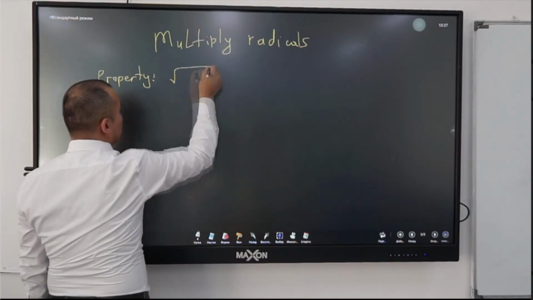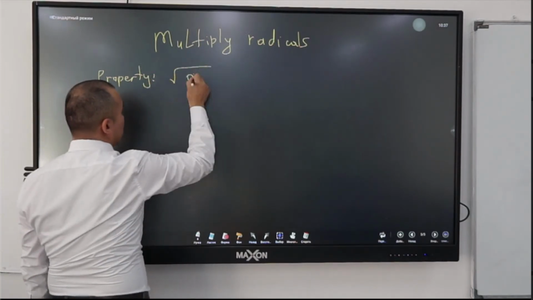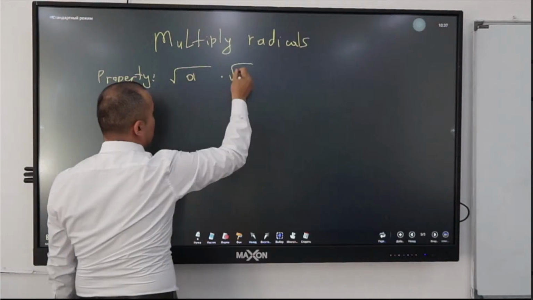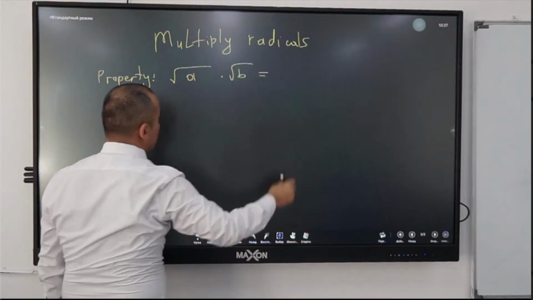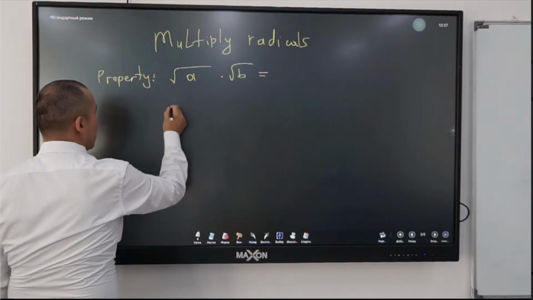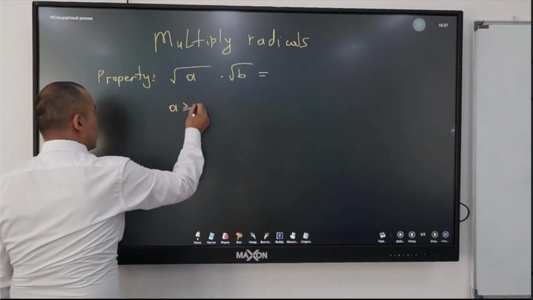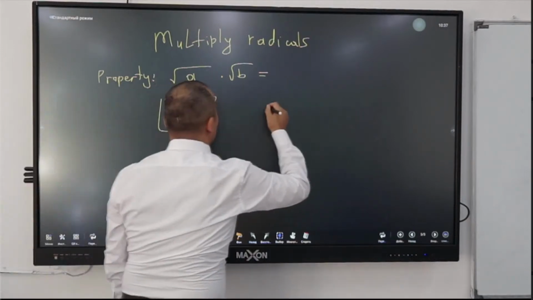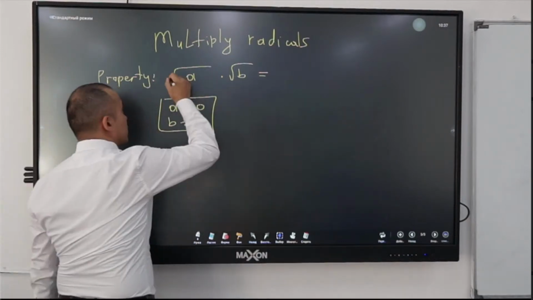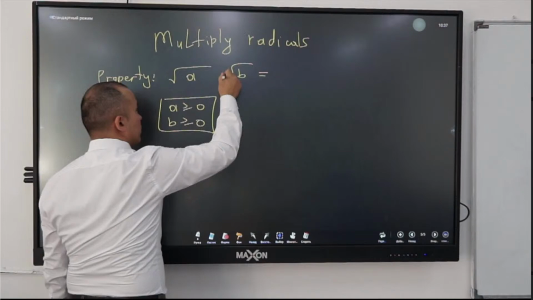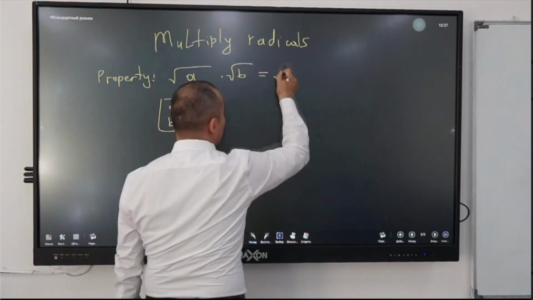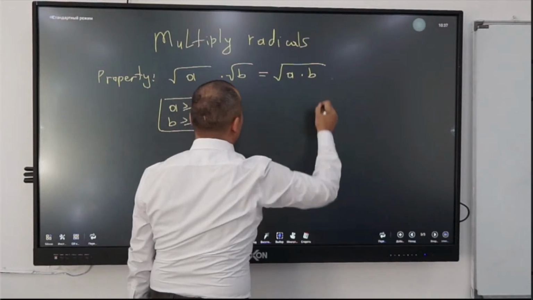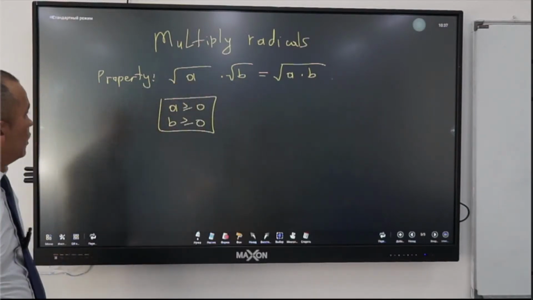Root a times root b is equal to root of a times b, where a and b must be bigger than or equal to 0. So this square root times square root, we can write under one root as a times b.